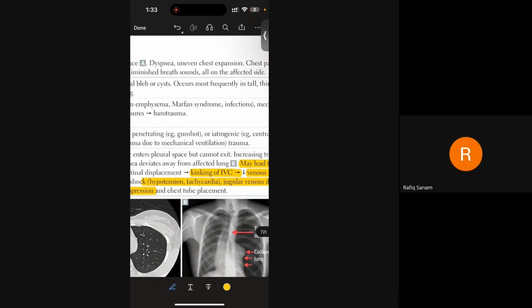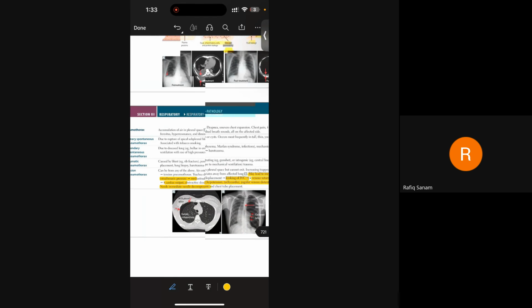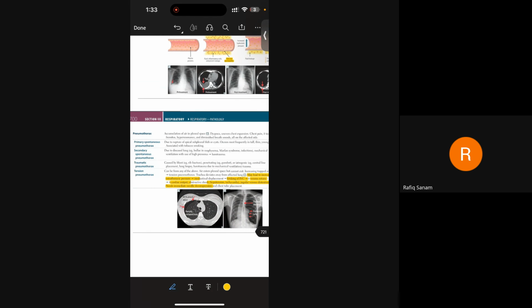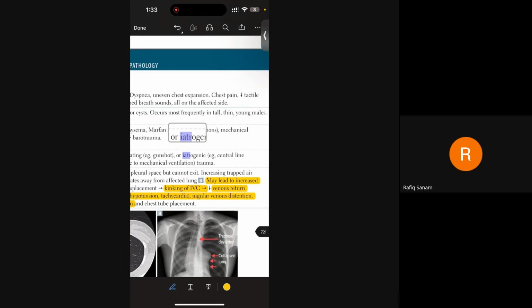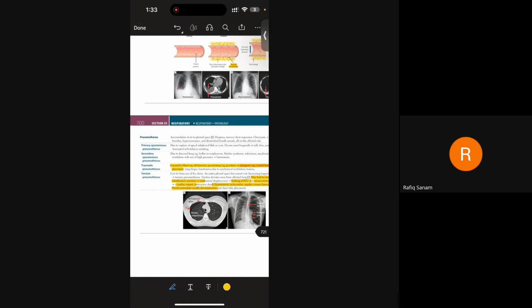Why kinking? Due to the increased intrathoracic pressure exerted by the increased air from the tension pneumothorax. And why is that pneumothorax occurring? Due to the central line placement. That is the reason here.